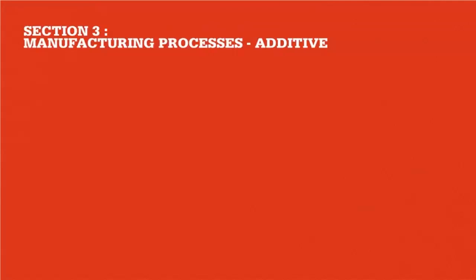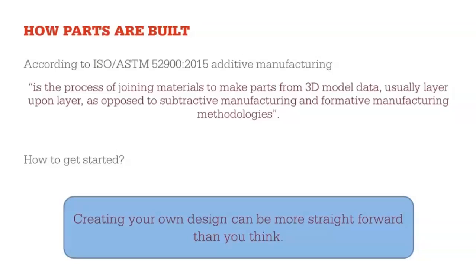So how does this all fit in with additive manufacturing? All of this builds up into a design process, a material selection, the properties and strengths of the materials. Now we want to think about how we can make something using additive manufacturing. According to the International Standards Organization, or the American Society for Testing Materials, additive manufacturing is a process of joining materials to make parts from 3D model data.